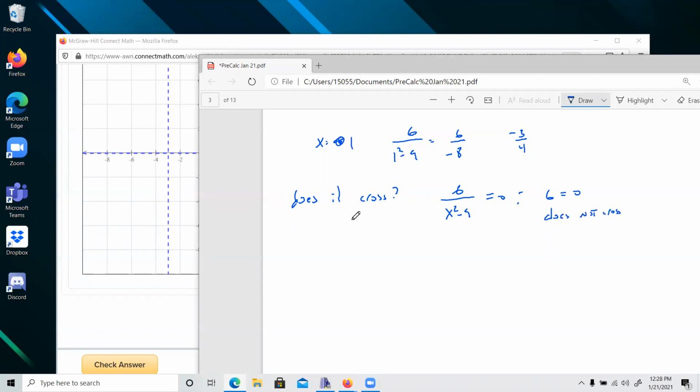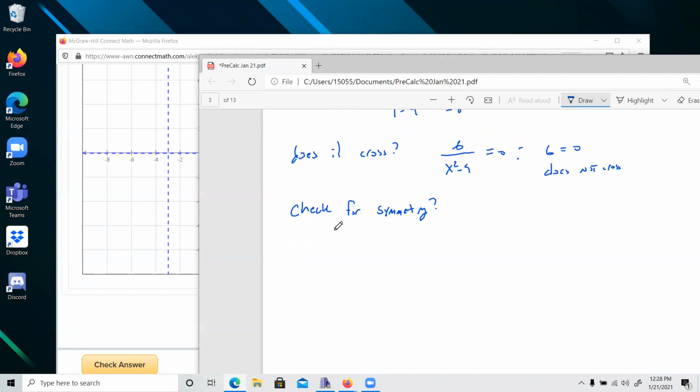Okay. The other thing we could do is check for symmetry. So back in college algebra, you probably learned about even functions and odd functions. We plug in negative x there and we see what happens, right? If f of negative x looks like you factored out the negative sign, then you know this is an odd function.